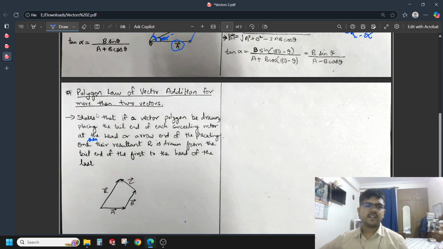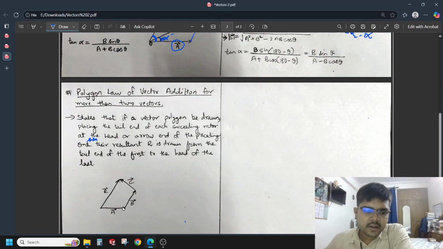It states that if a vector polygon is drawn, placing the tail end of each succeeding vector at the head or arrow end of the preceding one, then their resultant is drawn from the tail end of the first to the head of the last. Now to understand this, I have made this figure here.